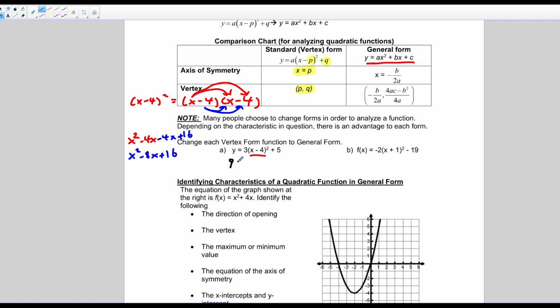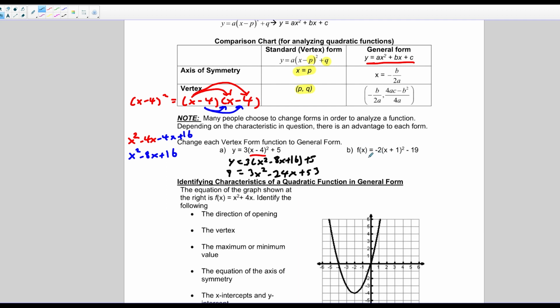Going ahead and simplifying this, we have y equals 3 times what we just found there, x squared minus 8x plus 16, and we're going to add 5 to that. So we get y is equal to 3x squared, and then 3 times negative 8x gives negative 24x, and then 3 times 16 gives me 48, and 48 plus 5 gives me plus 53.